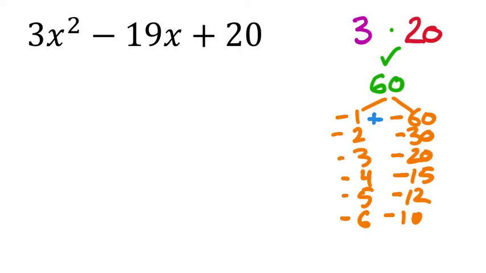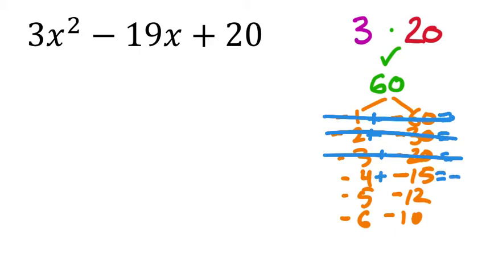Negative 1 plus negative 60 is not negative 19, cross it out. What about negative 2 plus negative 30? That's negative 32, no good. Negative 3 plus negative 20 is negative 23. Nope, you need negative 19. Oh, here it is, negative 4 plus negative 15. That is negative 19.